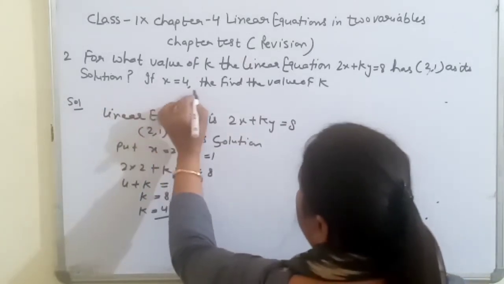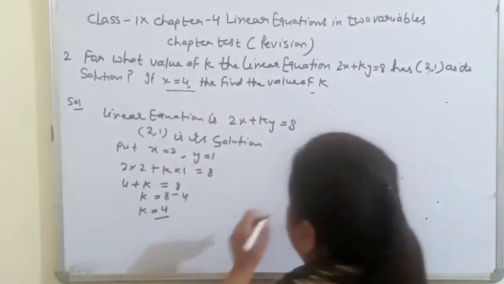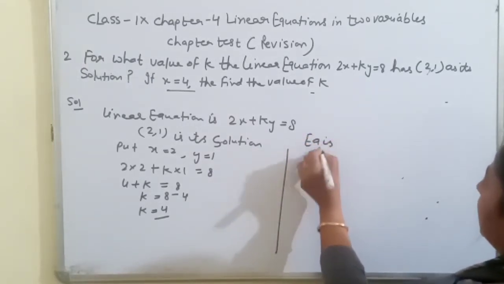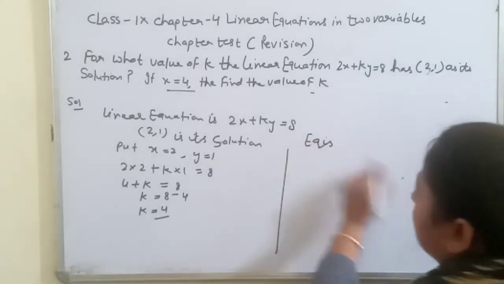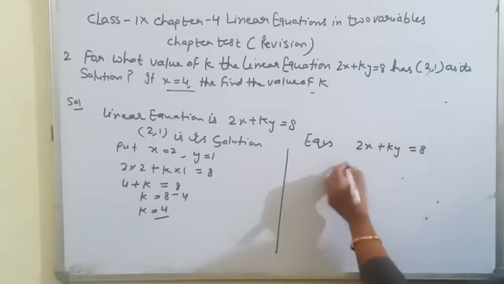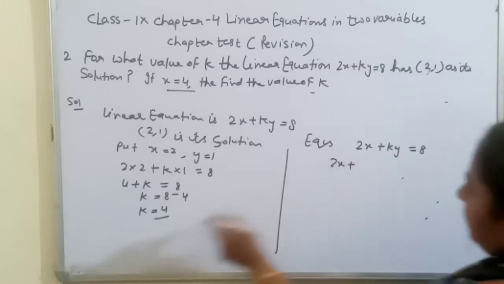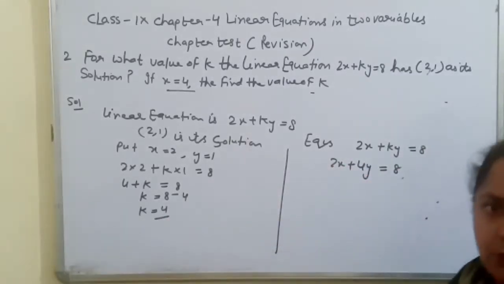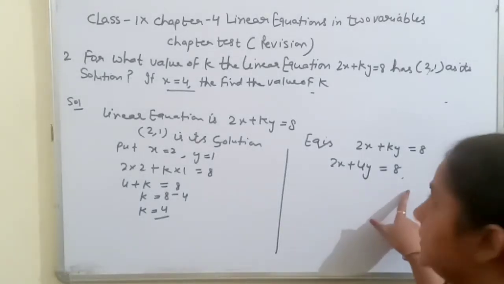What is it asking? If x equal to 4, then find the value of y. Now the equation is 2x plus ky equal to 8. At the place of k we can write 4 here. So the statement is 2x plus 4y equal to 8.